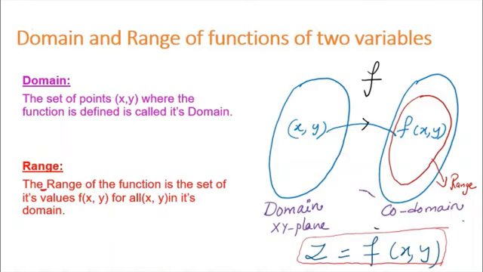So if you observe this Venn diagram, this is the domain. If you see the definition, the set of points x, y where the function is defined is called the domain.